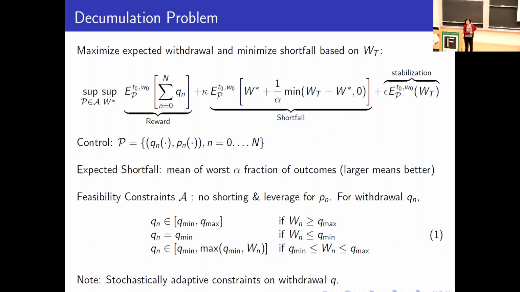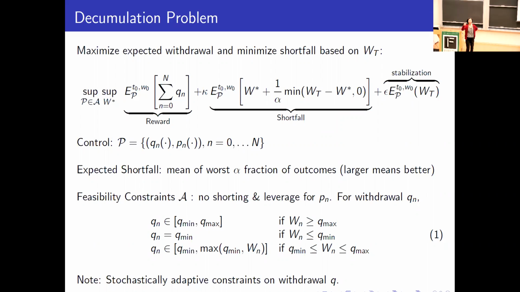It does look difficult, right? There's nested optimization, and our control here is also a pair: there is a withdrawal and there is an allocation. The shortfall is basically looking at the worst alpha percentile of outcome.